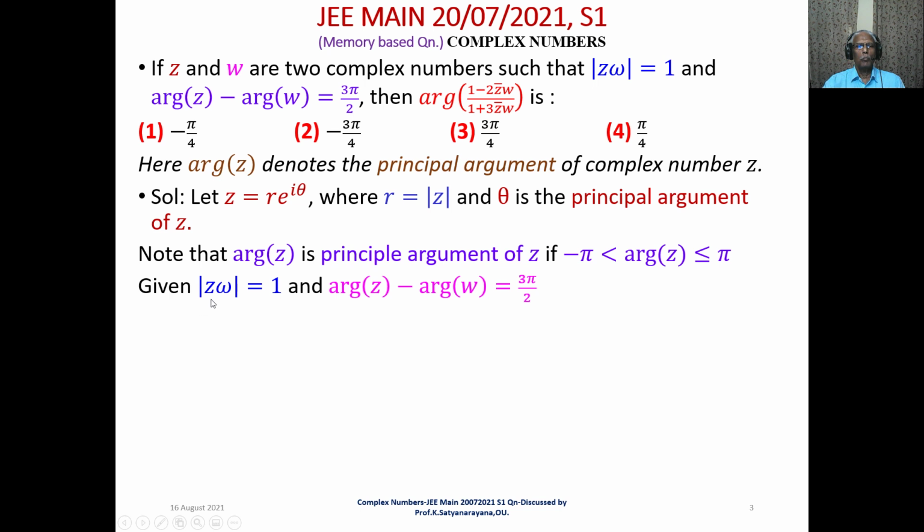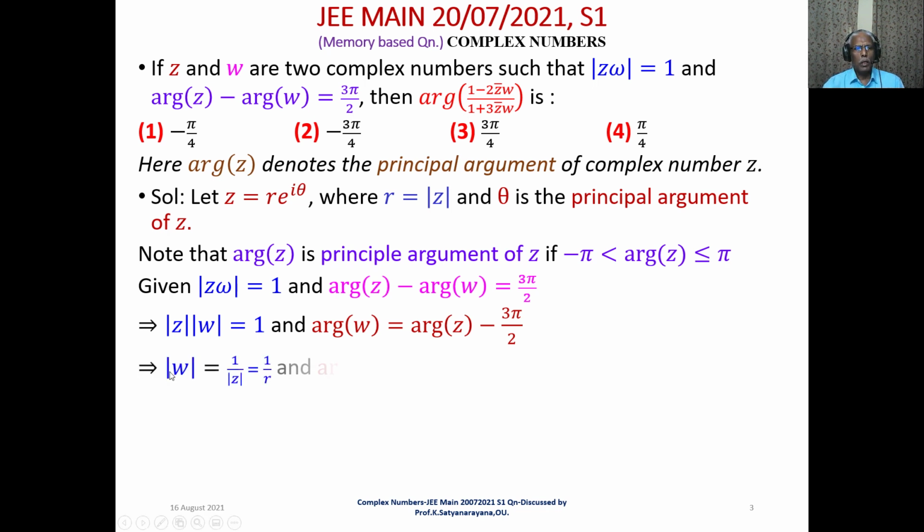This implies mod Z into mod W is equal to 1, and the argument of W will be equal to argument of Z minus 3π/2. So mod W is equal to 1 by mod Z, that is 1 by r, and argument of W is equal to argument of Z, that is θ, minus 3π/2.